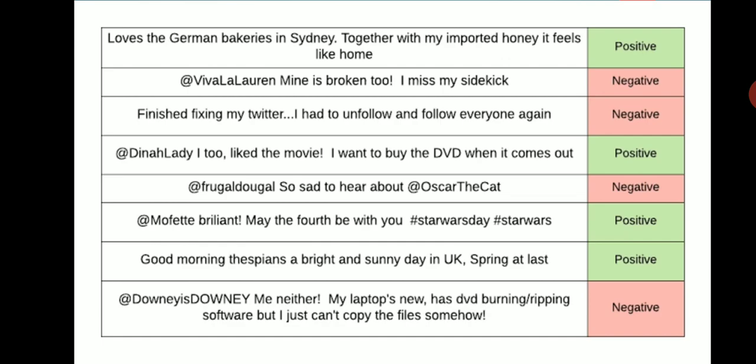So this sentence says that she loves the German bakeries in Sydney together with my imported honey. It feels like home. This is considered a positive review. Okay. Another one says mine is broken too. I miss my sidekick. She's talking about her broken leg.